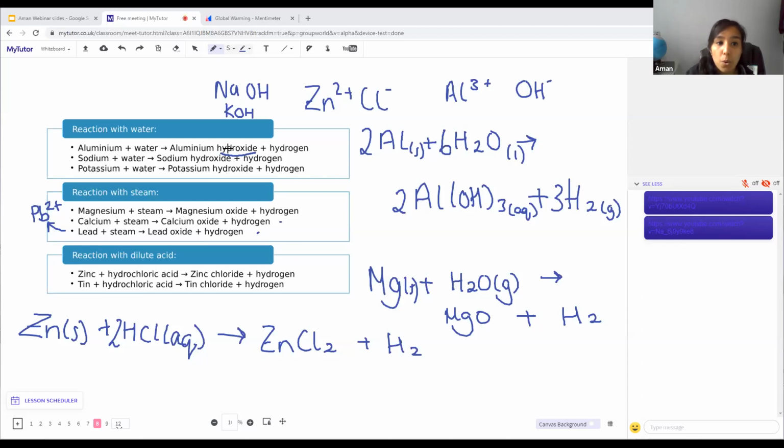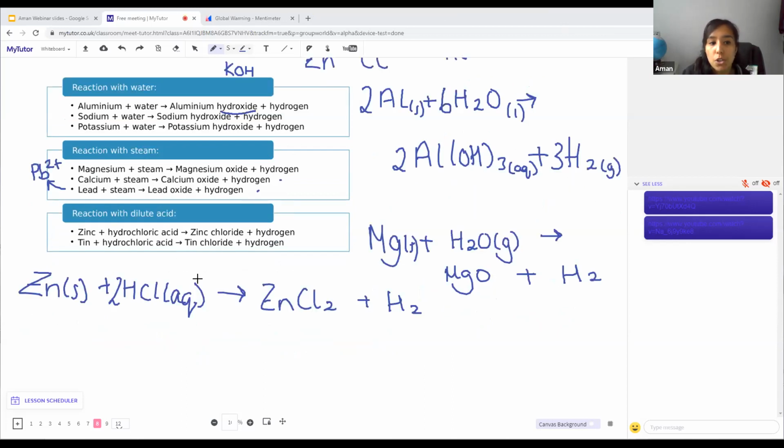And then I remember that in water there's H2O. So the hydrogen's taken away, so we're left with oxygen. And if aluminium reacts with the oxygen and potentially one other hydrogen, there's aluminium hydroxide produced. So I know we always form an alkaline solution here. With steam, there tends to be less hydrogen there, so we tend to have oxides produced. And when we react with acid, again, we're going to produce hydrogen and we're going to produce a salt with the acid in it.